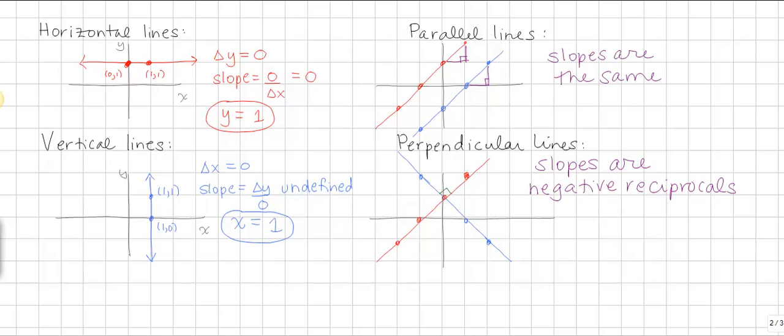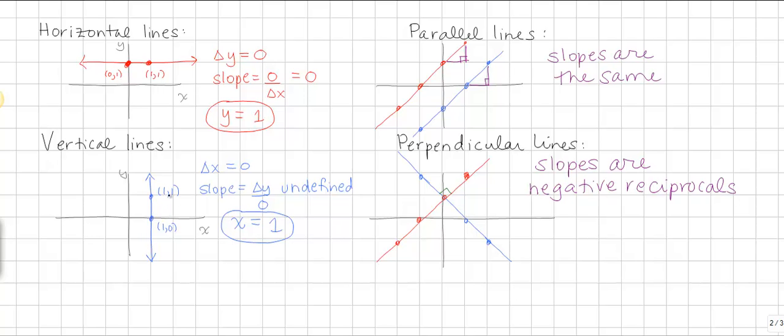Now let's look at some different types of lines. You see in the figure before you I have drawn a horizontal line. This one passes through (0, 1) and (1, 1). The slope is 0, which means the change in y is 0, and the equation is simply y equals the y-coordinate of one of your ordered pairs, or you could say y equals the y-intercept.